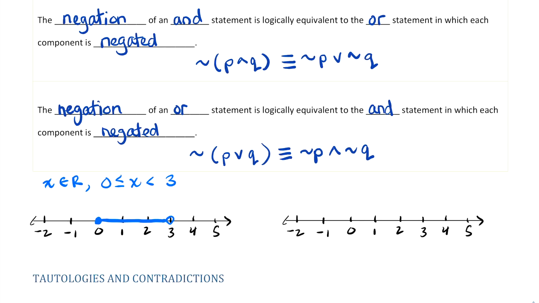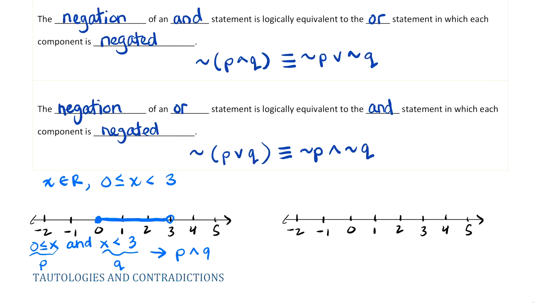Let's explore this further. This is saying here that 0 is less than or equal to x, and x is less than 3. Well, if we let this be a p and if we let this be a q, wouldn't, in logical land, this be the conjunction of p and q?